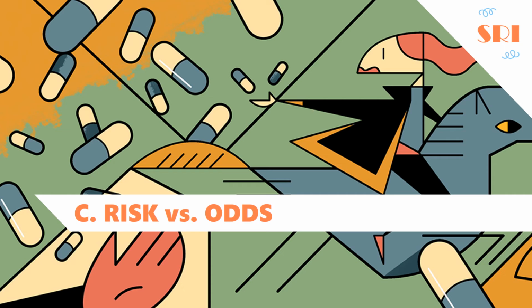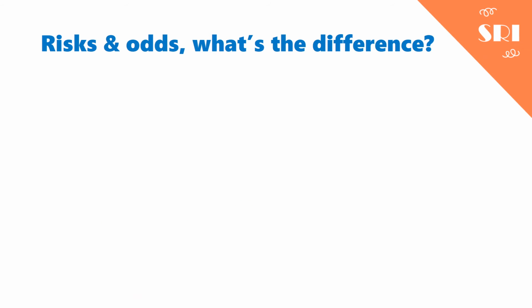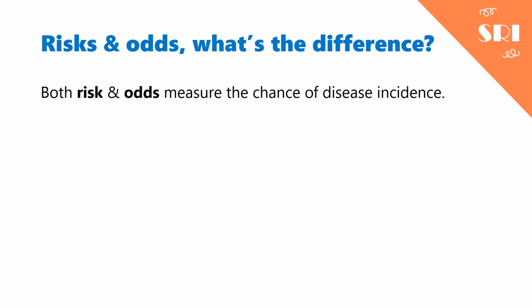Okay, now it's going to get interesting. Now we're going to compare the risks and the odds. What is the difference actually in practice between these two? Well, we remember that both the risk and odds measure the chance of disease incidence. Both of them give us information about how many people are developing the illness, just in different ways.